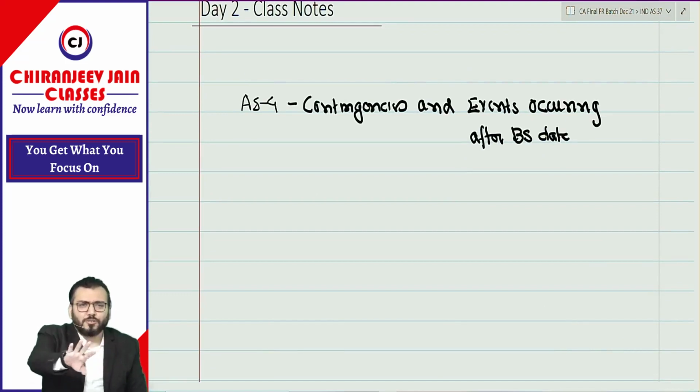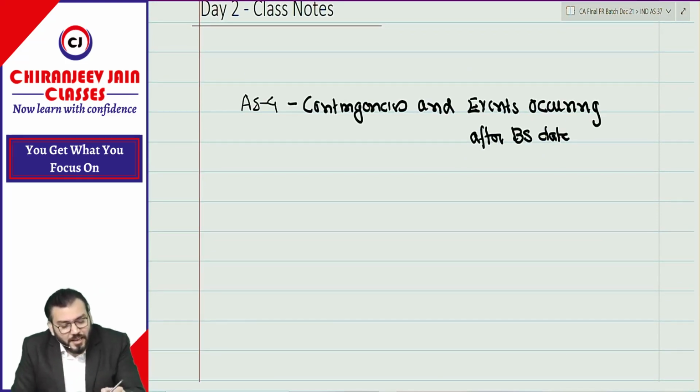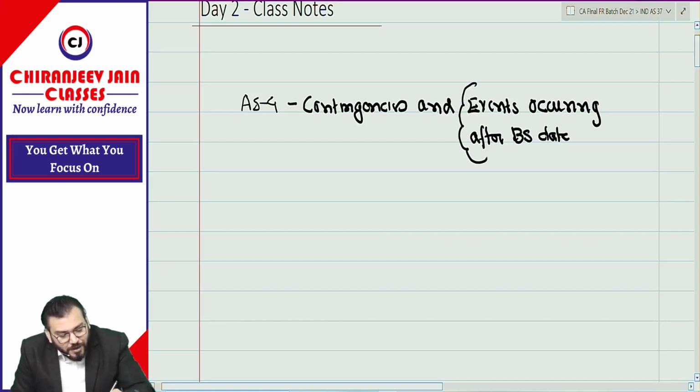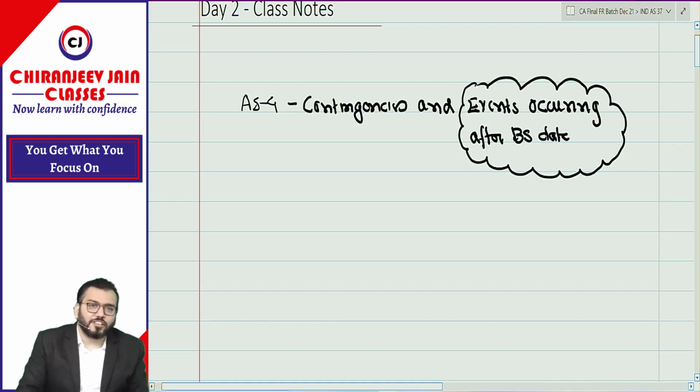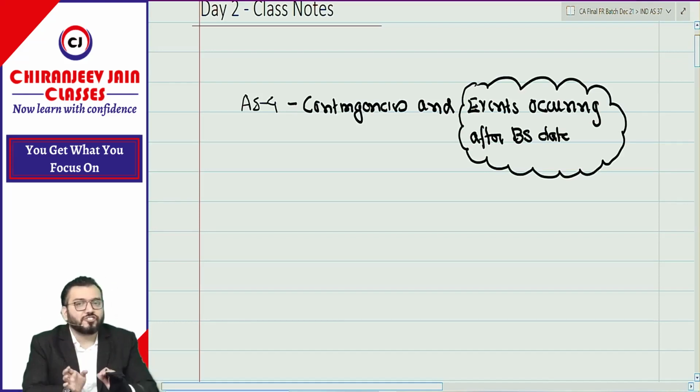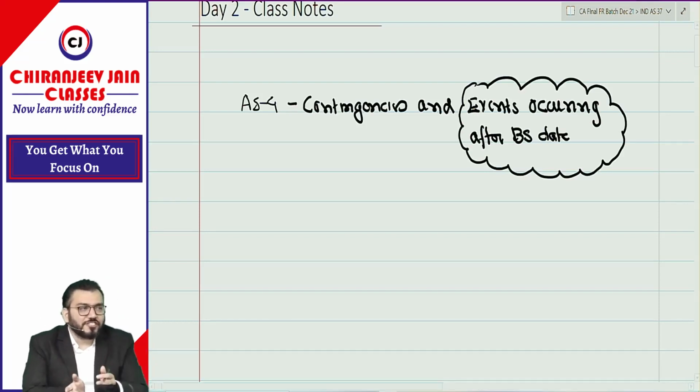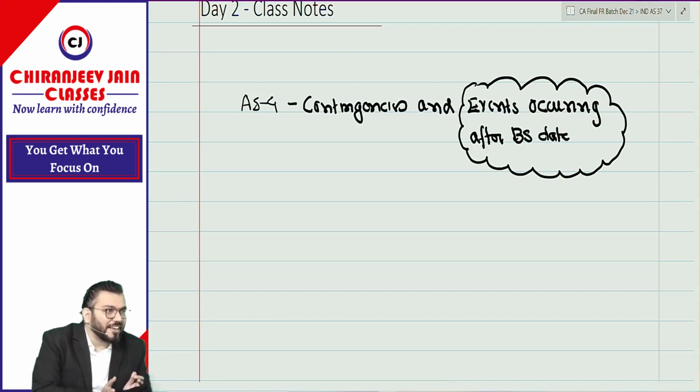In CA Inter, I don't know what your teacher has done, but normally a teacher will teach only this part in AS4. They will not do anything about contingencies, because with the introduction of AS29, contingencies are now dealt with as per AS29.